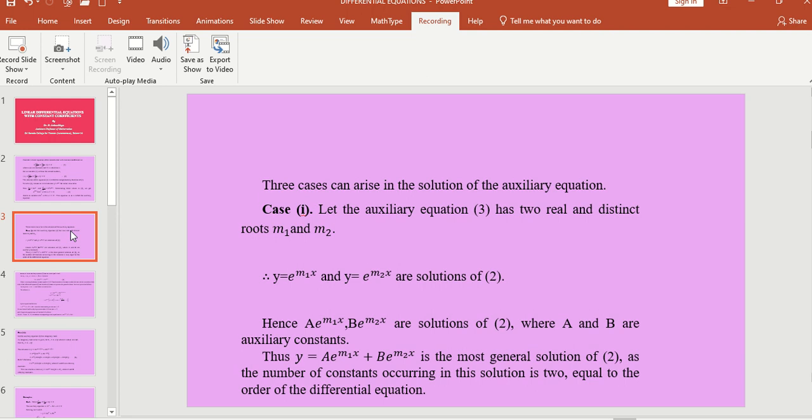So we can write a e power m1x and b e power m2x are solutions of 2, where a and b are arbitrary constants, or in the more general form, y equal to a e power m1x plus b e power m2x. This is true when we have two real distinct roots m1 and m2.